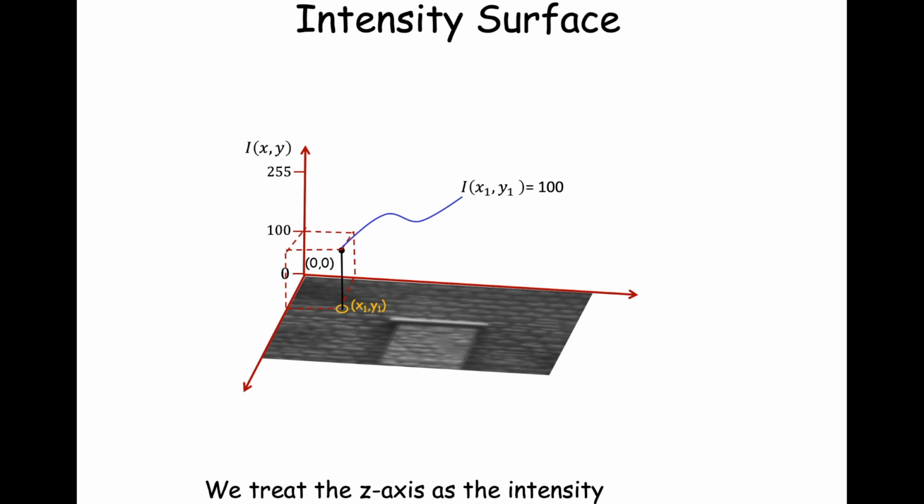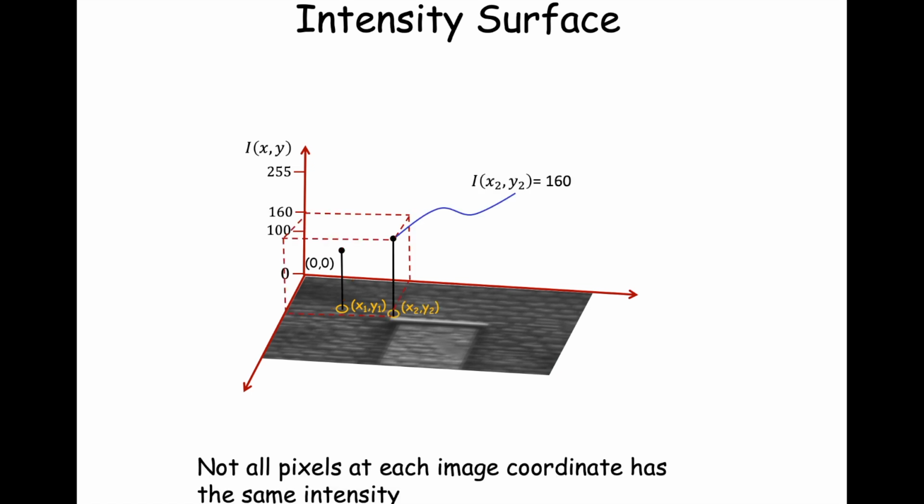So we treat this third axis, the z-axis, if we want to call it that, as our intensity axis. Okay, so let's go to another location, and let's say at this next location, x2, y2 in image coordinates, we have an intensity value of 160.